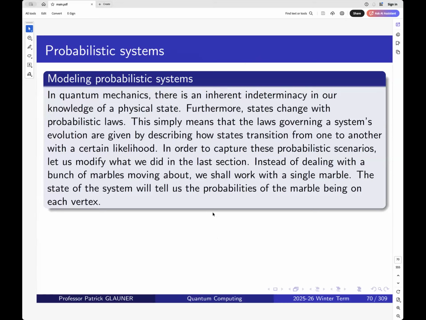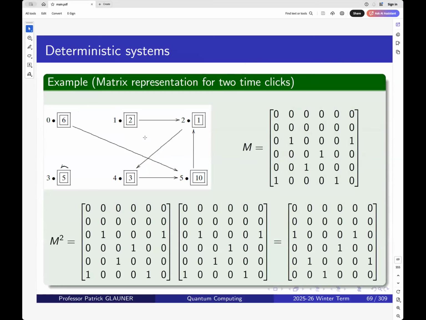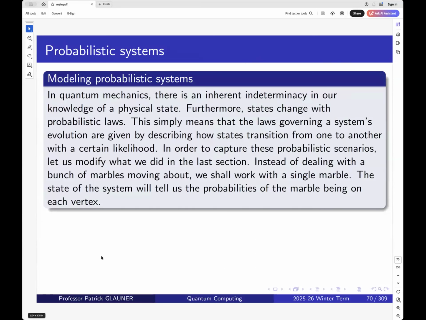But rather than thinking about multiple marbles, we now work with exactly one single marble in our system. And if we have a single marble that we move around here, and it's a non-deterministic system, we will have in our state entries actually probabilities.